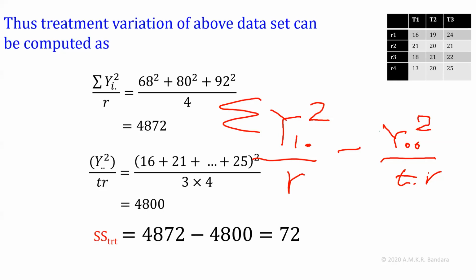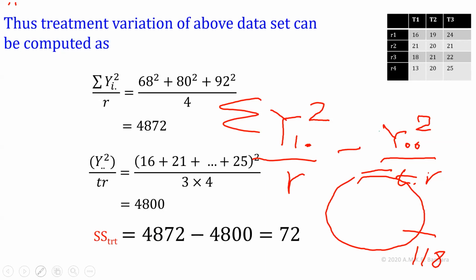Now you can see we calculated the total sums of square of this data set as 118, and part of that variability we identified as treatment variation or between group variability. We calculated it as 72.